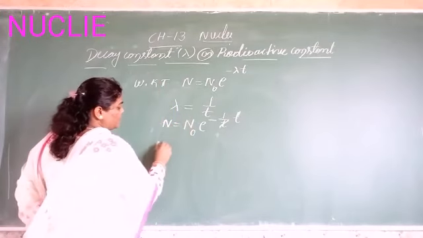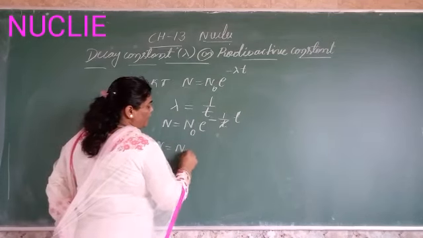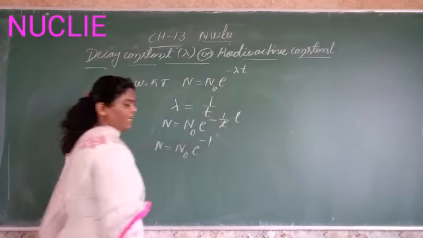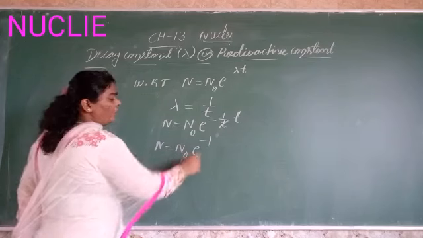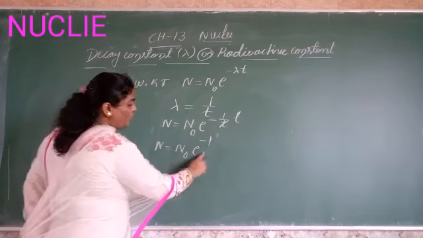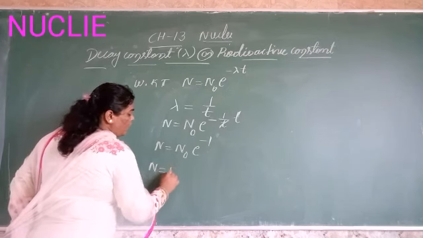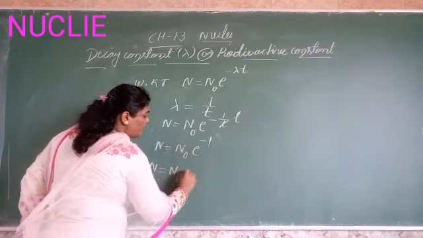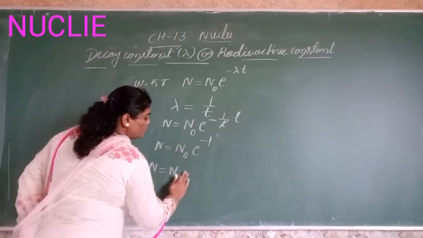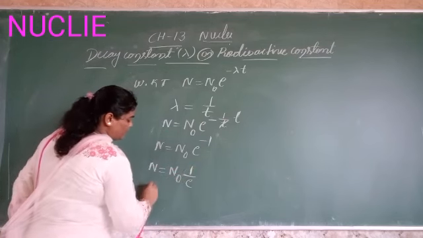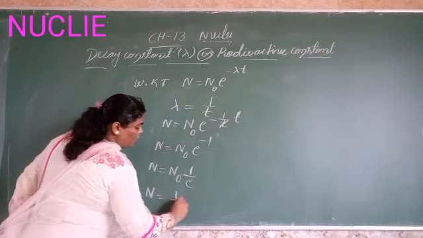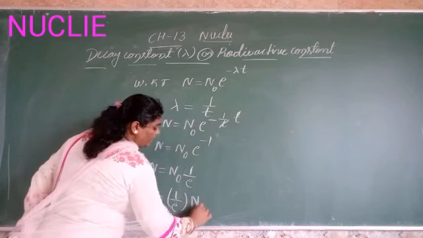So n is equal to n naught e to the power of minus 1. Taking the denominator, it becomes plus 1, therefore n is equal to n naught into 1 by e. That means n is equal to 1 by e into n naught.